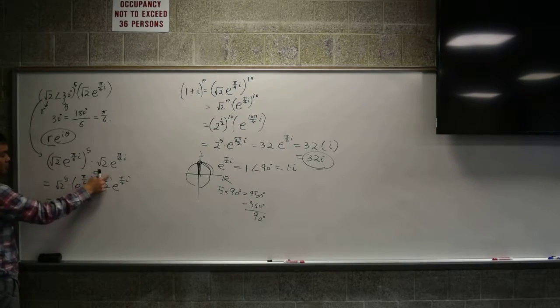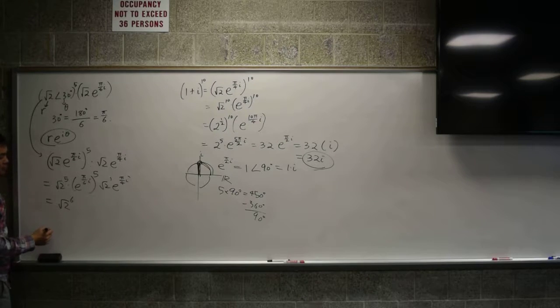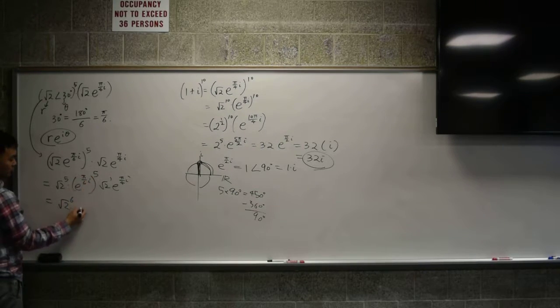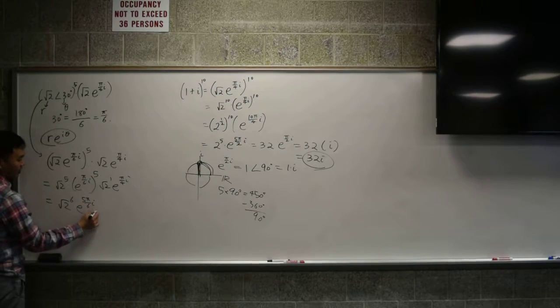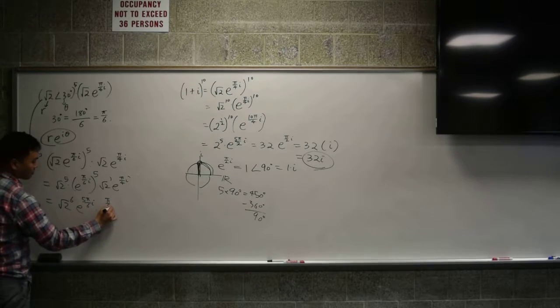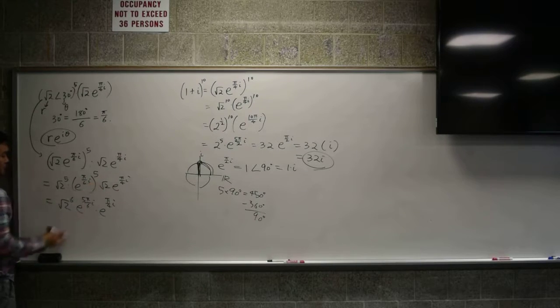So we get 5 plus 1, which is 6. And then this one you multiply, so it's e to the 5 pi over 6i times e to the pi over 4i. This is 2 to the half power to the 6th power, so that's the same as 2 to the 3rd power.